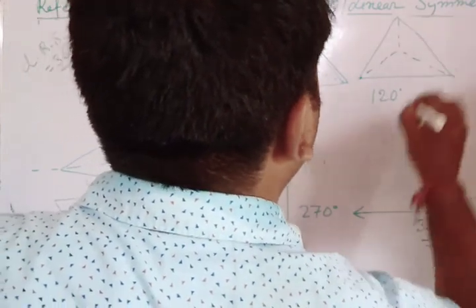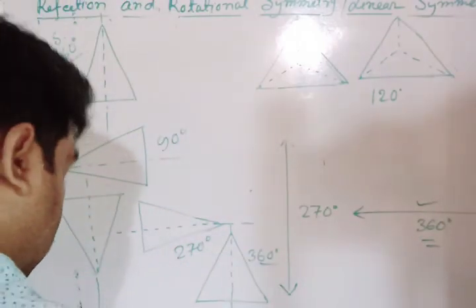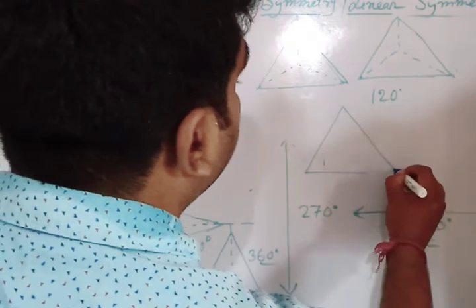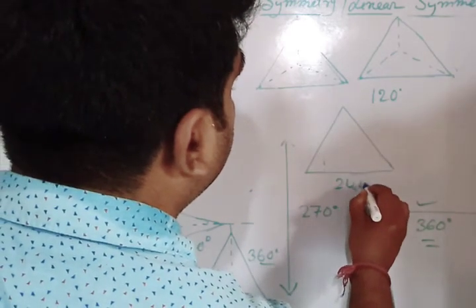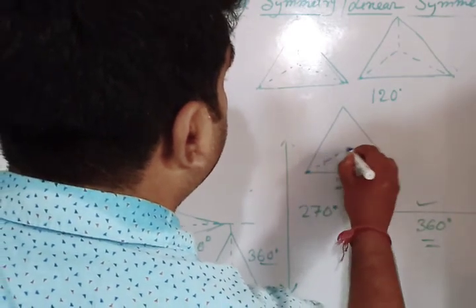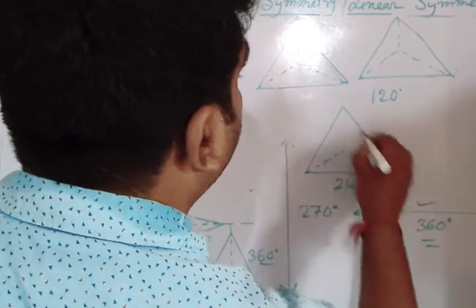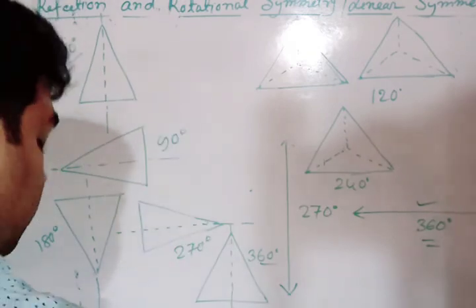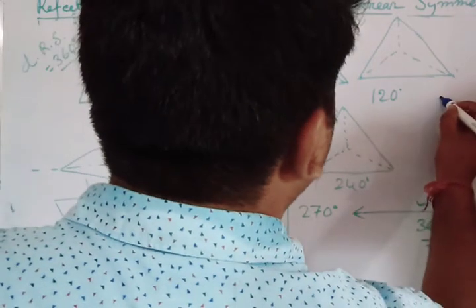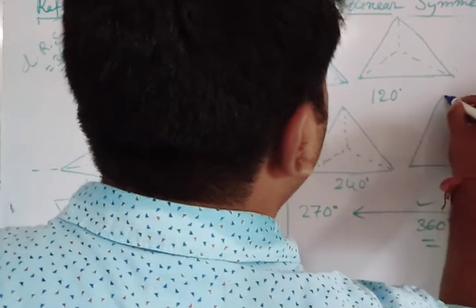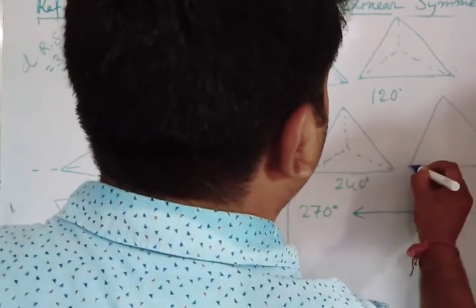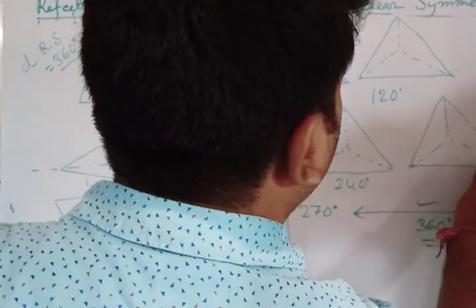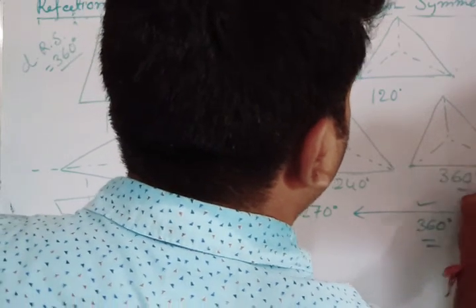After rotating 240 degree, we will get again a similar figure. I will provide you the picture so that you will understand it easily. Next, obviously 360. This is for 360 degree.